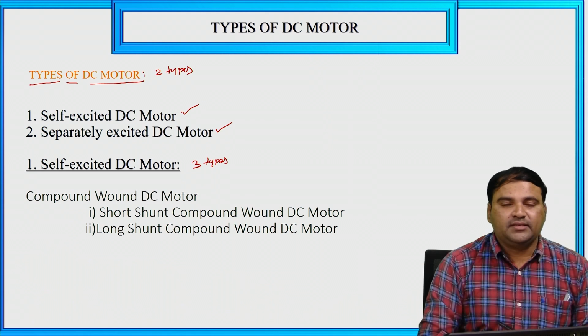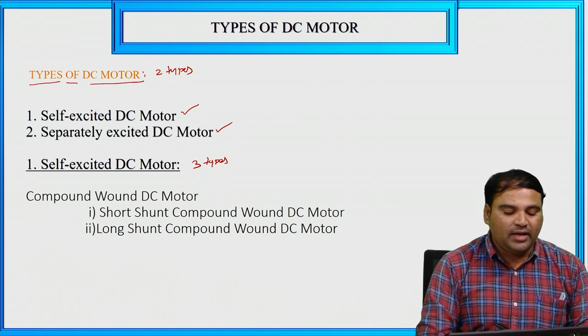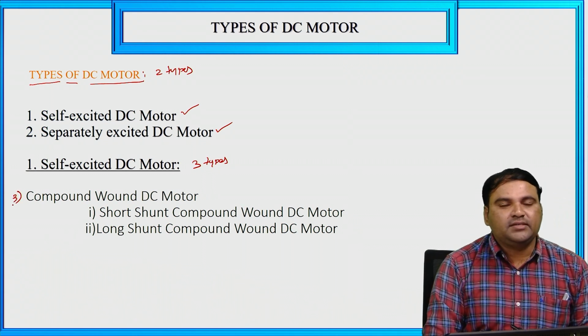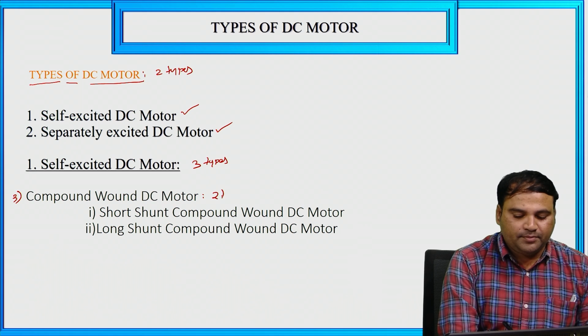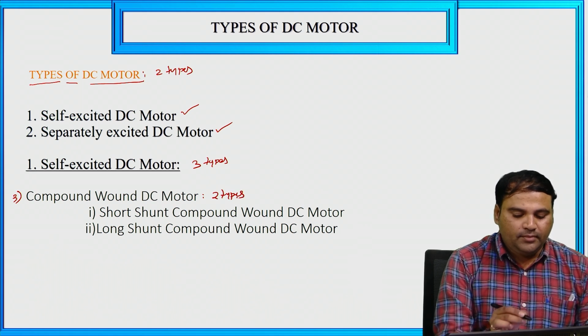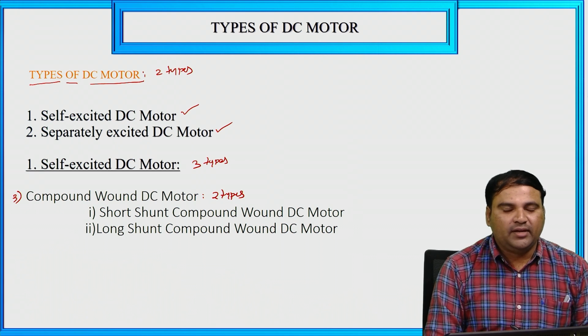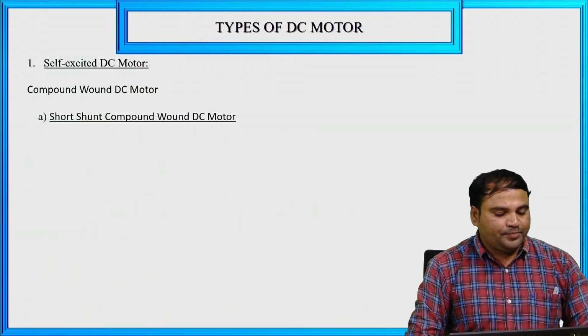The first is the series wound DC motor, the second is the shunt wound DC motor, and the third one is the compound wound DC motor. Now the compound wound DC motor is classified into two types. The first is the short shunt compound DC motor and the second is the long shunt compound wound DC motor. We'll discuss them one by one.